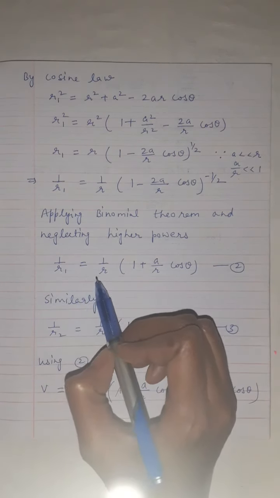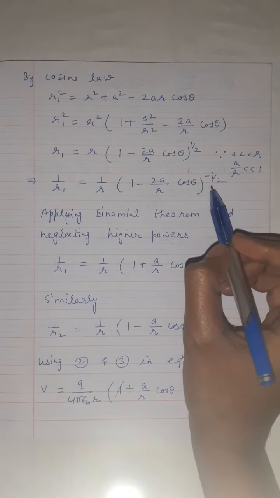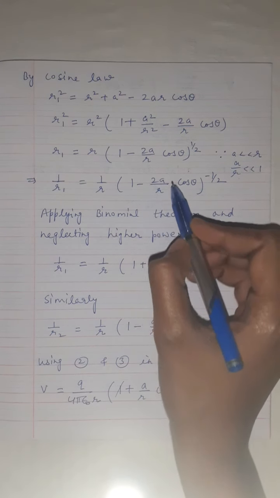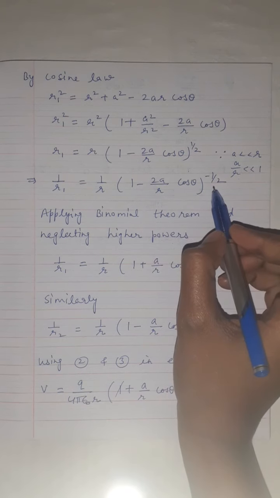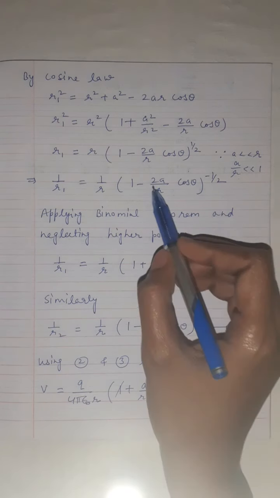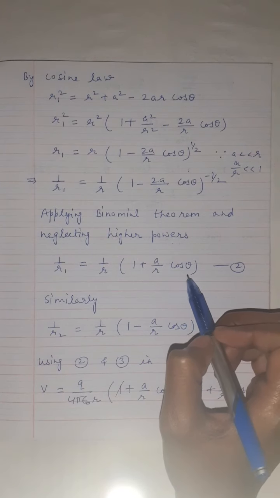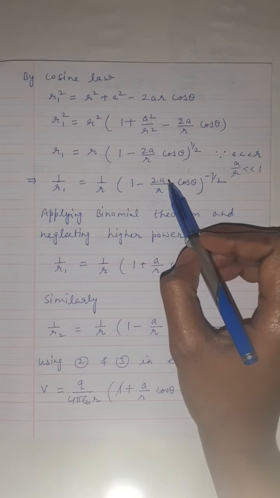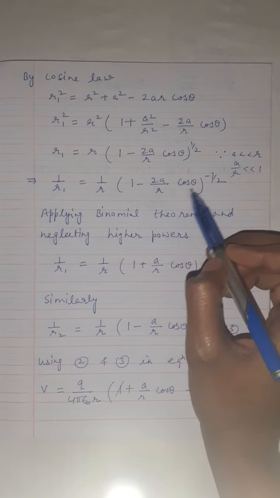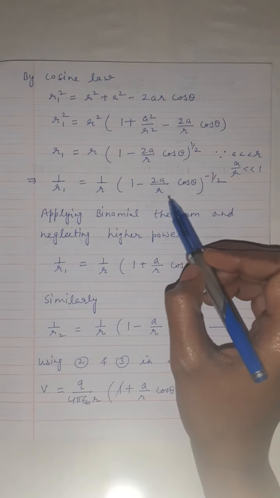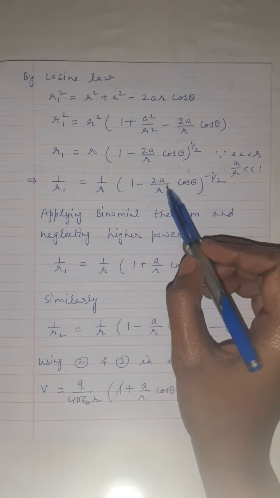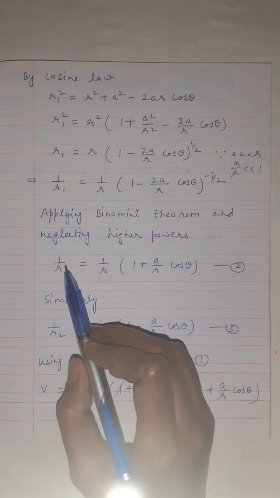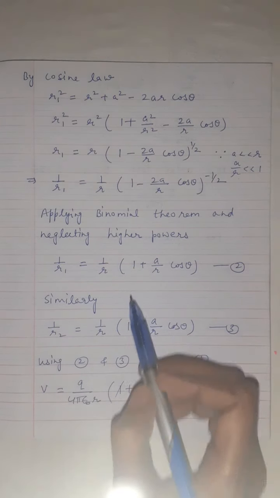So 1 upon r1 is equal to 1 upon r, and when we expand it, minus 2a upon r multiplied by minus 1 by 2 will become plus a upon r cos theta. The higher terms will contain a square upon r square and other higher terms, so we are neglecting them. We will just write down these two terms only. So this is the final value of 1 upon r1.